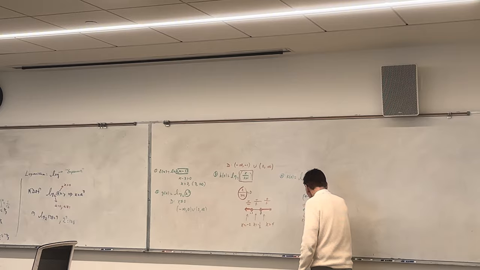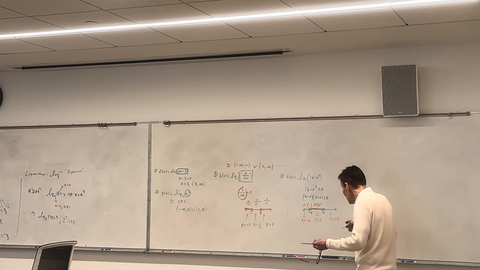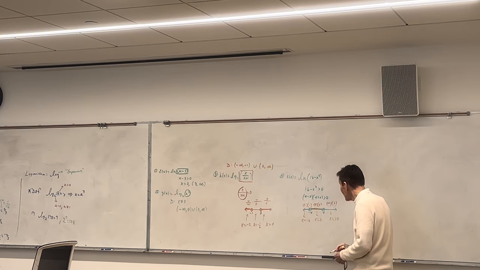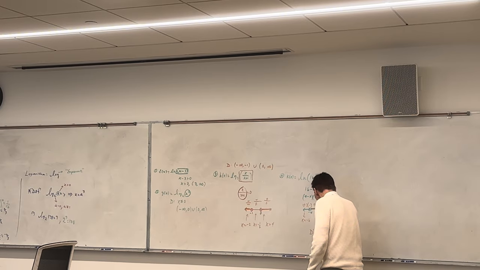That will work, gives me a positive. To the right, I'm trying 10. 4 subtract 10 is a -6, 4 plus 10 is 14, positive, will not work. So therefore, my domain, by sign analysis, is -4 up to 4.